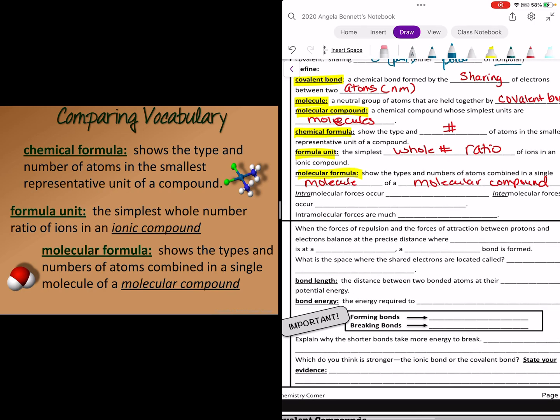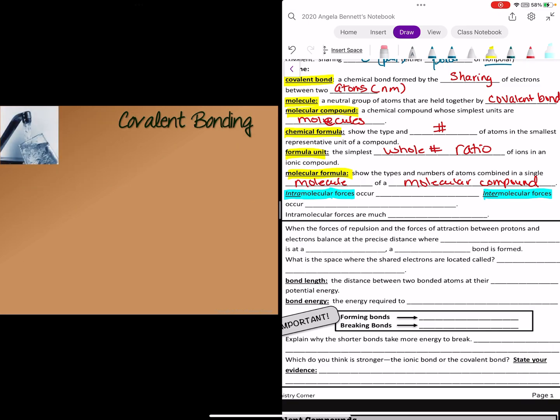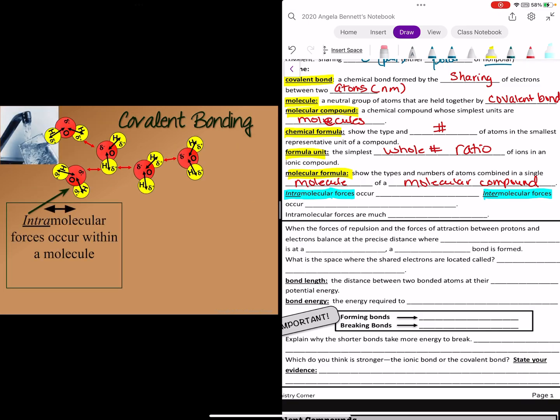And what is new to us are these two words, intramolecular forces and intermolecular forces. Let's talk about those real quick. Intramolecular forces occur within a molecule.